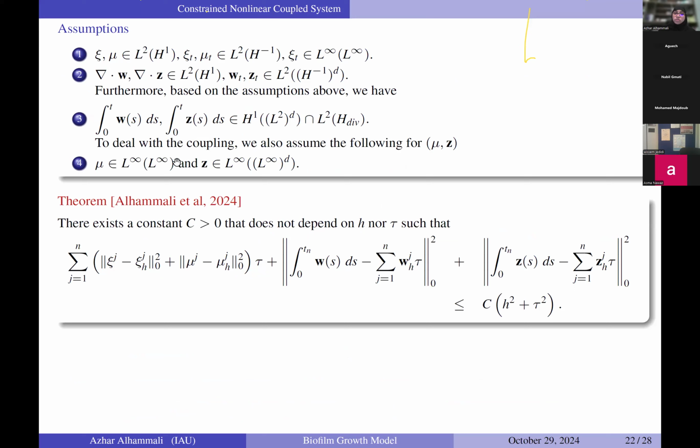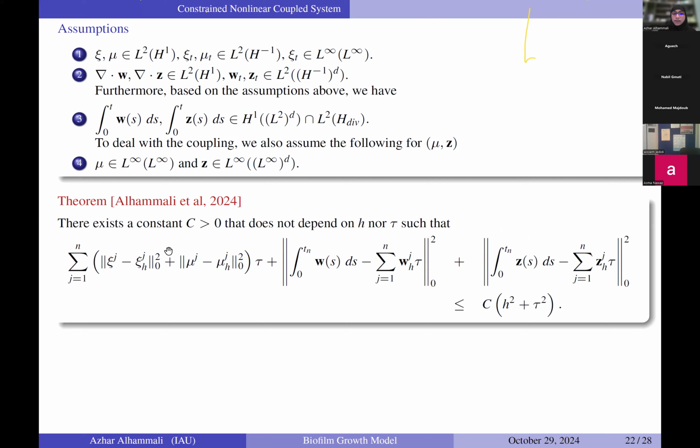I would like to mention here that some of these assumptions are set for the sake of analysis. We don't prove them theoretically, we just set them analogous to the solution of some unconstrained problem. But yes, we need to prove them here. And this is our theorem.